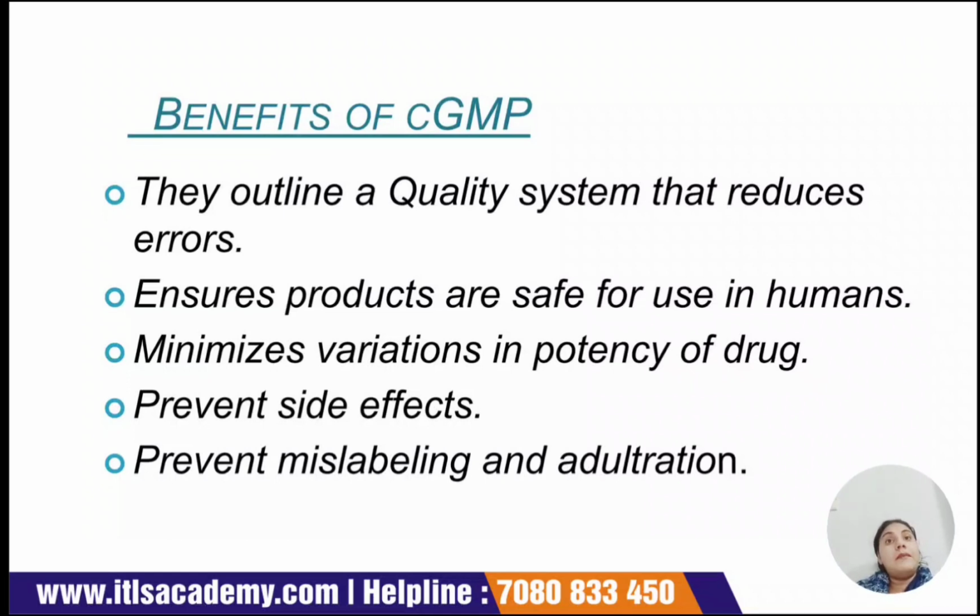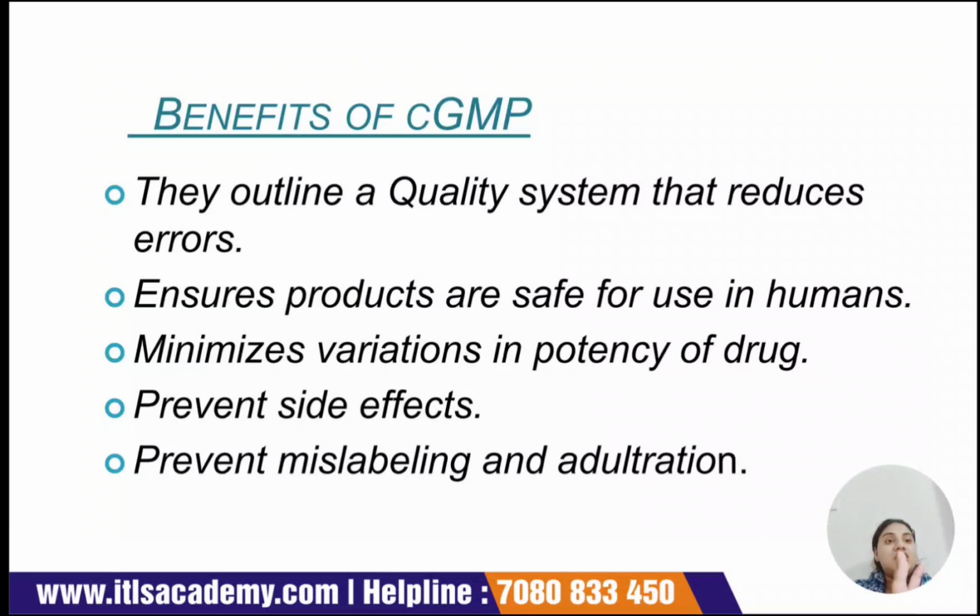The third benefit: it minimizes the variation in potency of the drug, it prevents side effects, and it prevents misleading and adulteration. So all these things are very important when considered in CGMPs.